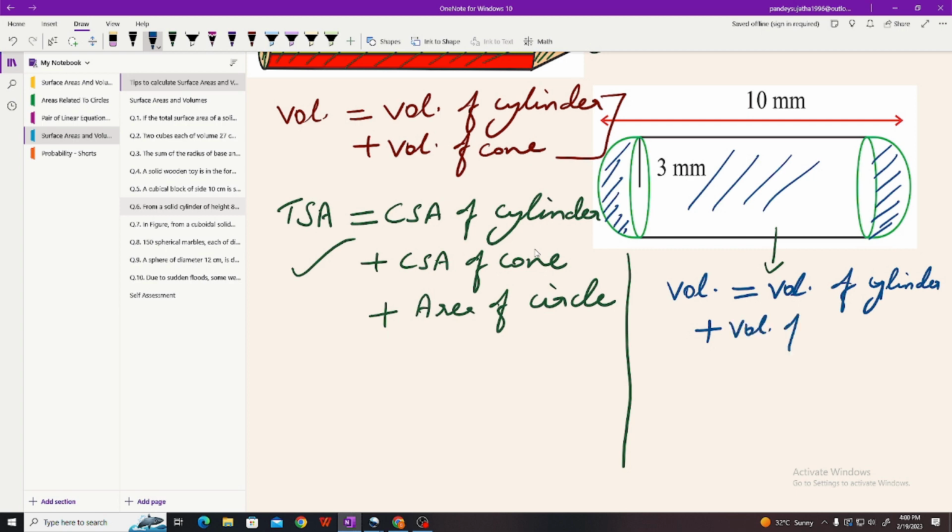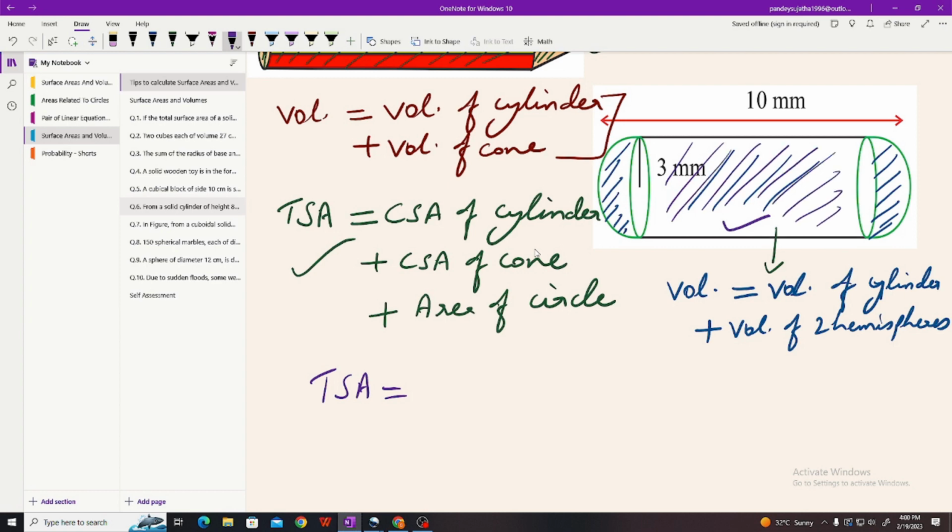So volume of two hemispheres. Now to find the total surface area of this solid, whatever areas we are able to see, that is to be added. That is the curved surface area of the cylinder plus the curved surface area of the two hemispheres.